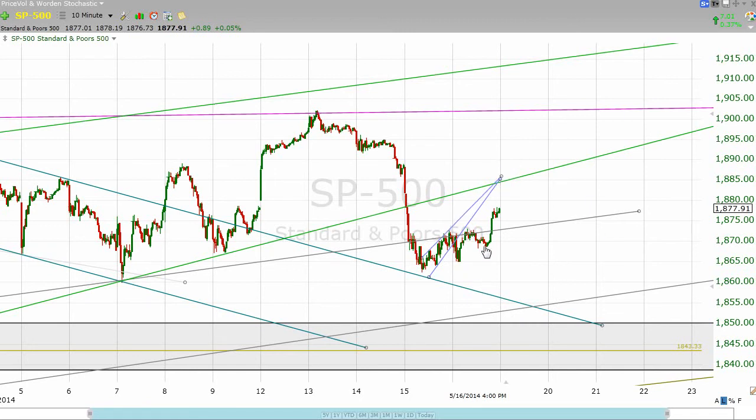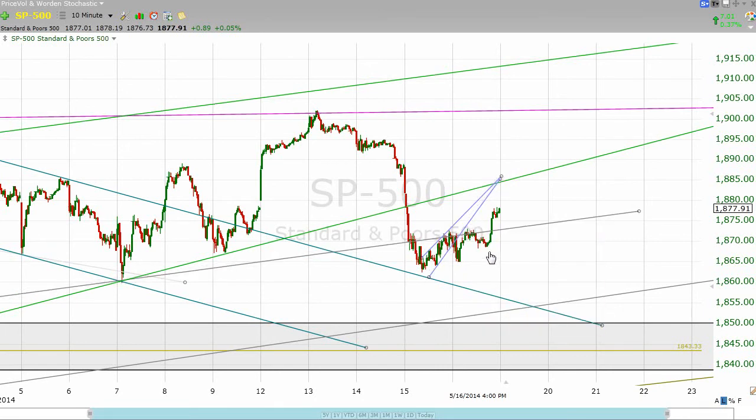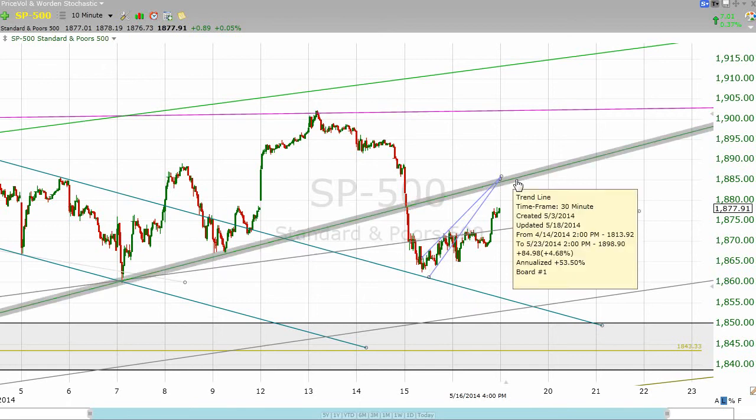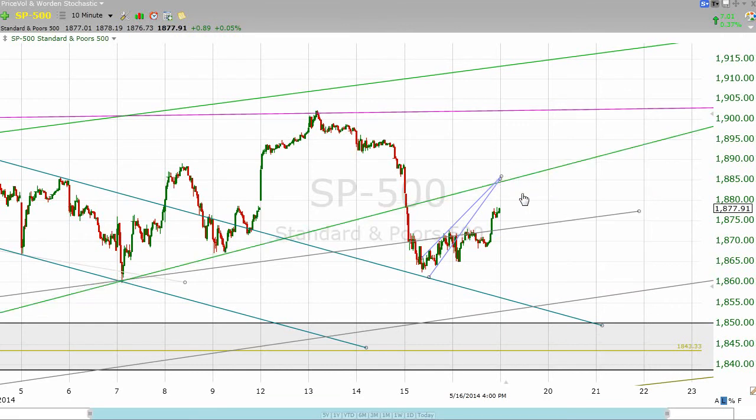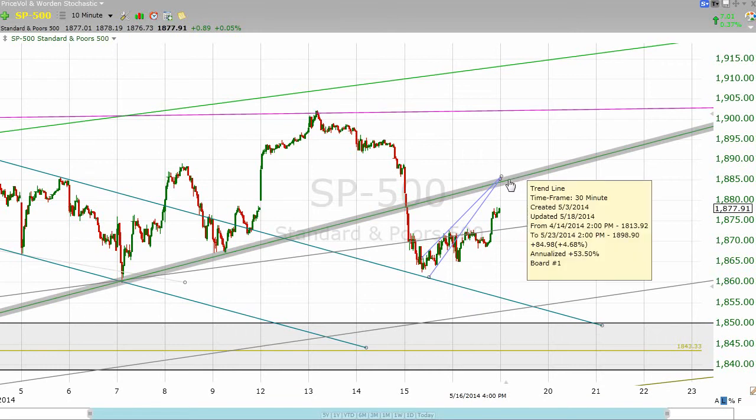However, we have not overcome this pattern. We could be just back testing it, and it could be we want to come back to this green line. If we reach that green line on Monday, I think you have to respect the tendency of charts and say, I would expect that to present resistance.